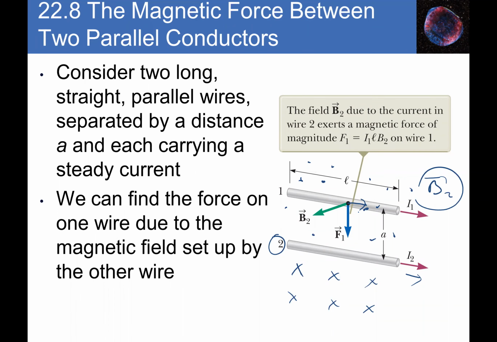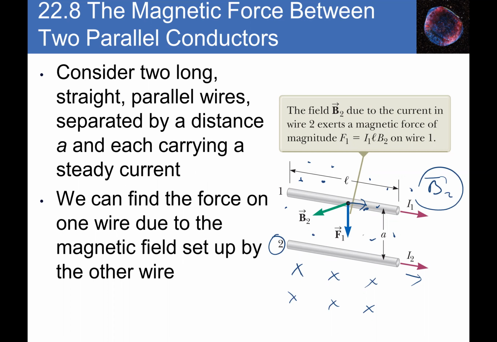Using the right-hand rule, you see your fingers in the direction of the current, then you curl in the direction of the magnetic field, which is out of the page. Then you can see there's a downward force, toward wire 2, from magnetic field 2.